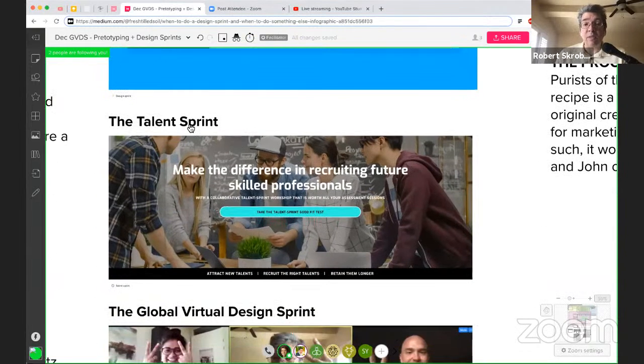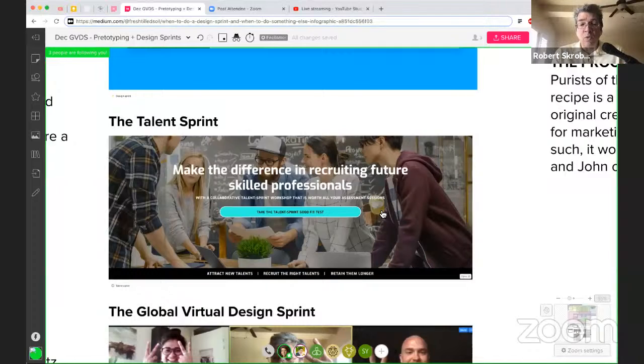Now, something I've had a little bit of insight on and did some initial work on was the talent sprint. This is from both Sabrina Gorich over at the Design Sprint Studio in Stuttgart, and Jeroen Frumau in the Netherlands. The concept is that you can take the design sprint process and use it for finding talent, putting people through the paces of a design sprint and showing employers their potential.